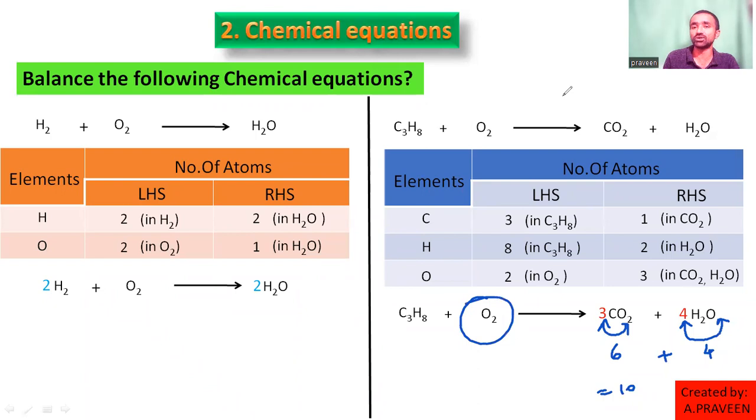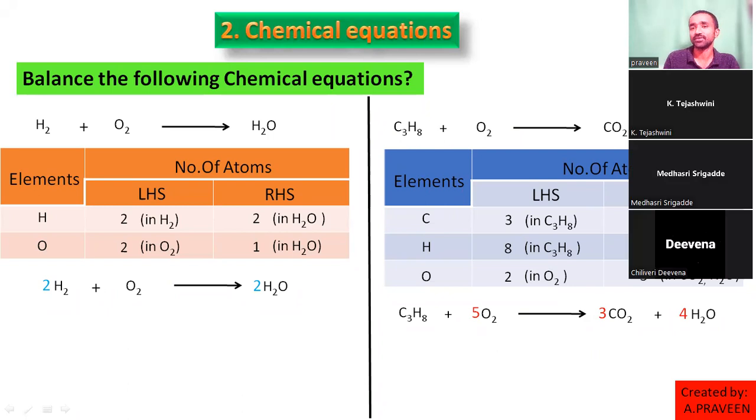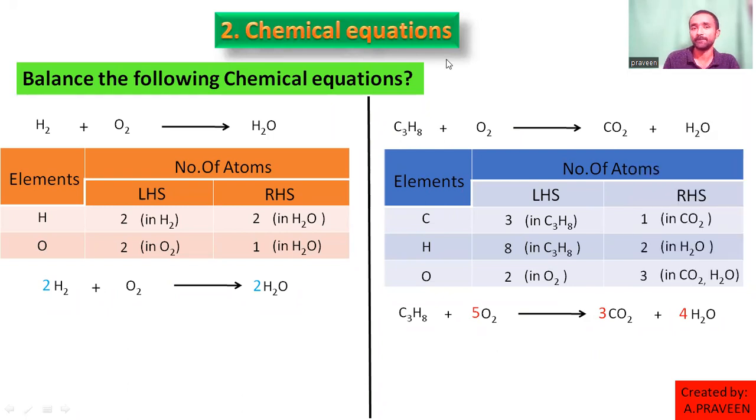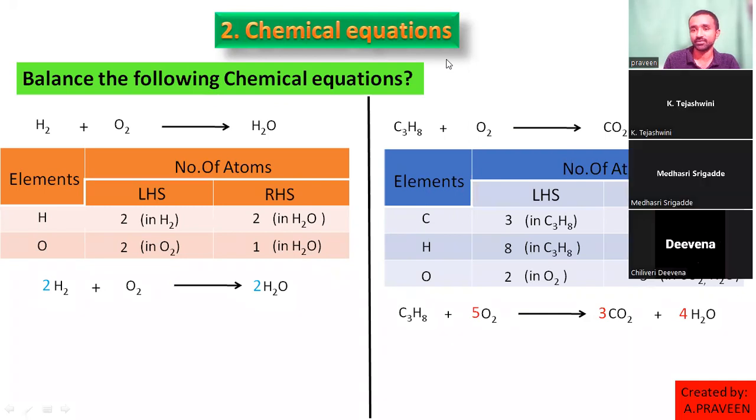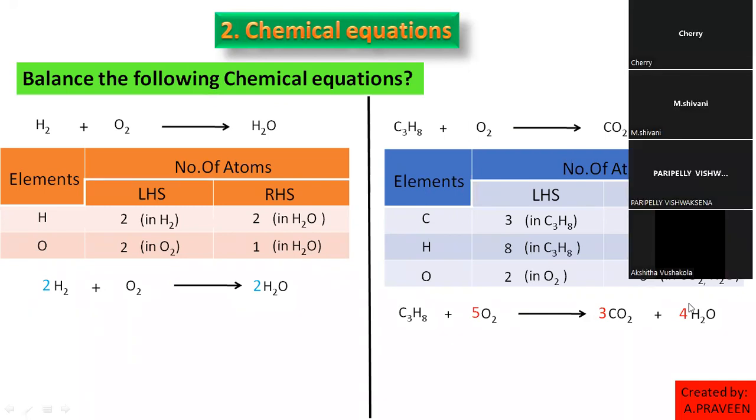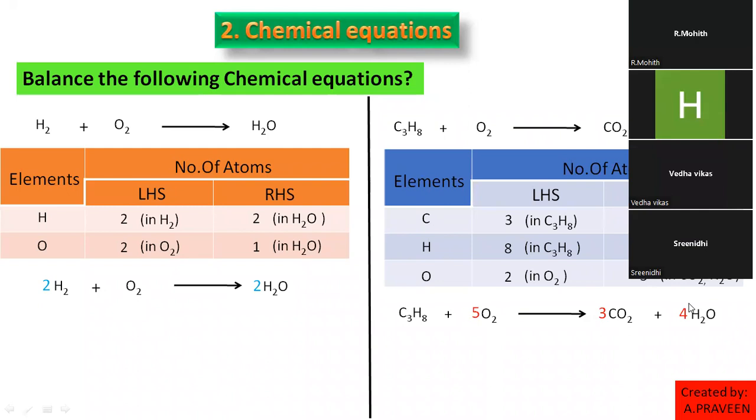How do you make it? Already 2 is there as subscript, so use the 2 table. 2 how many times is 10? 5 times. So this is the method of balancing. Is it clear? Balancing is very, very easy.